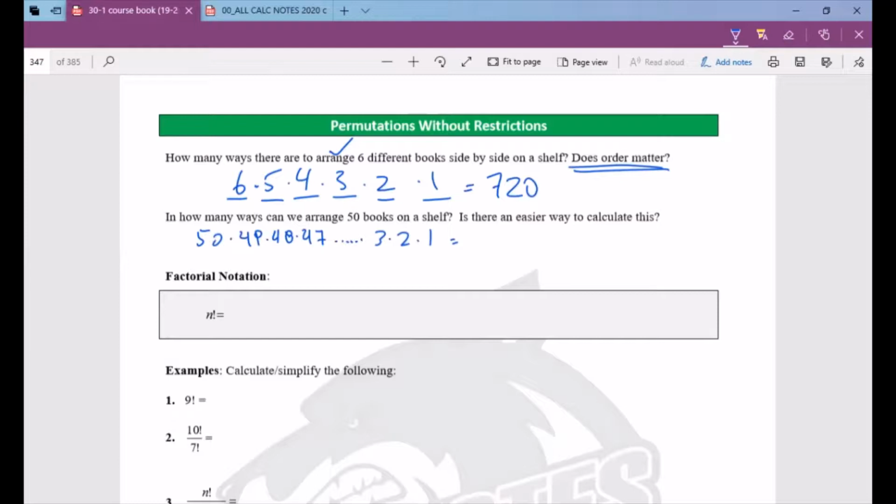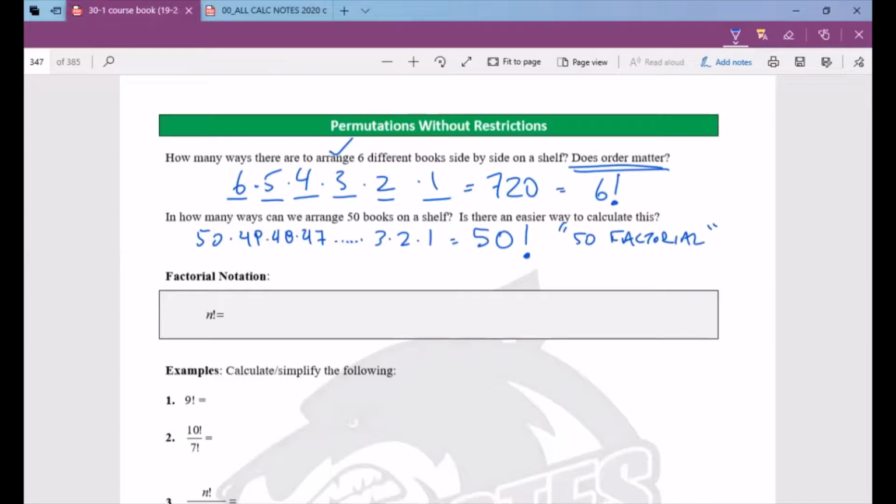And so because of that, we actually have a new notation. This is called factorial. How we write this is we would write this as 50 exclamation point. And this is read 50 factorial. This number 720 is 6 factorial. And you would just read it like that.